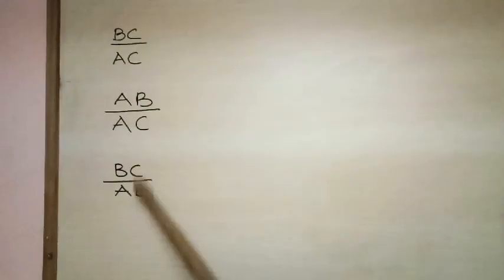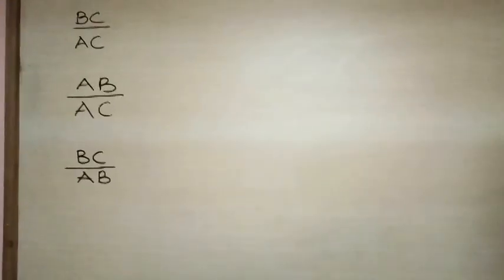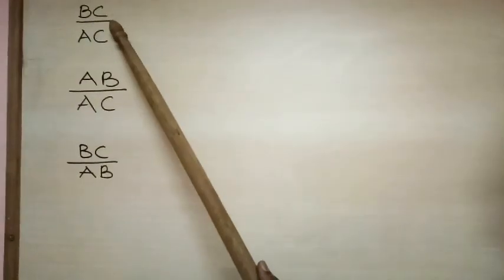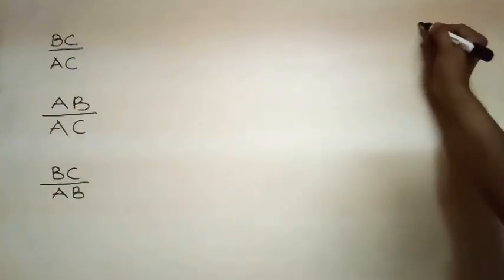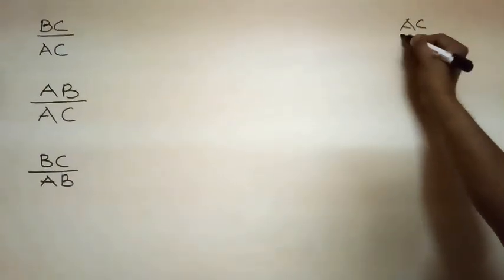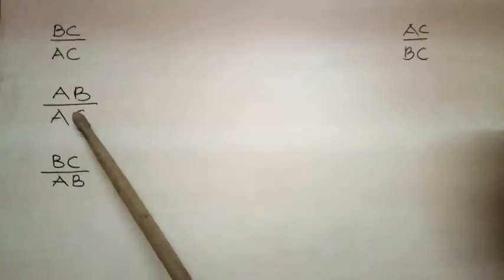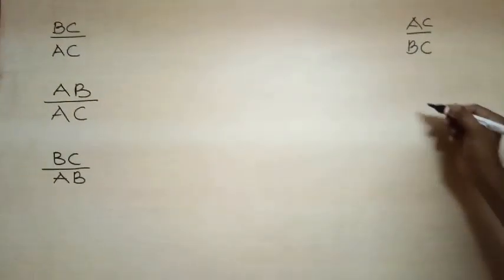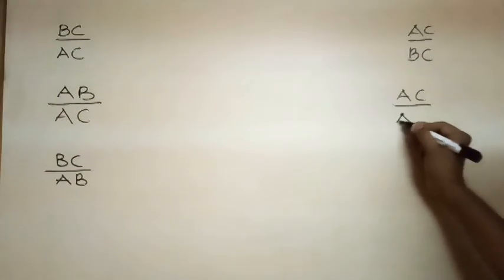We may write multiplicative inverses to these ratios also. First I am writing the multiplicative inverse of this BC by AC. That is AC by BC. We may write a multiplicative inverse of this also, that is AC by AB.